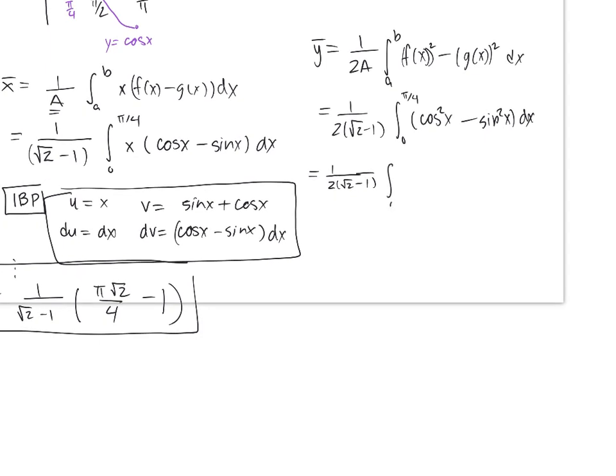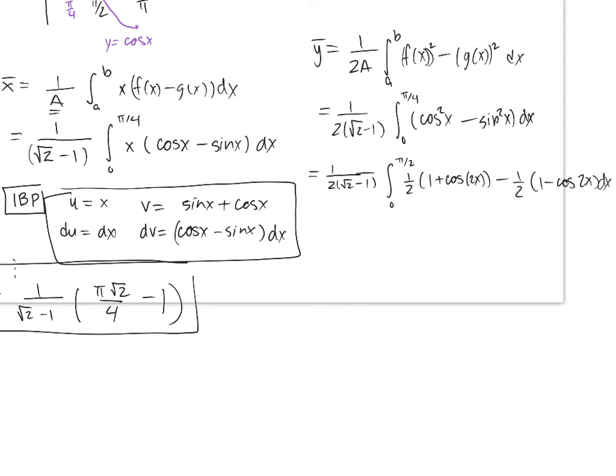What did we change them into? You use the half angle formulas, right? We did 1/2 times 1 plus cosine of 2x minus 1/2 times 1 minus cosine of 2x.